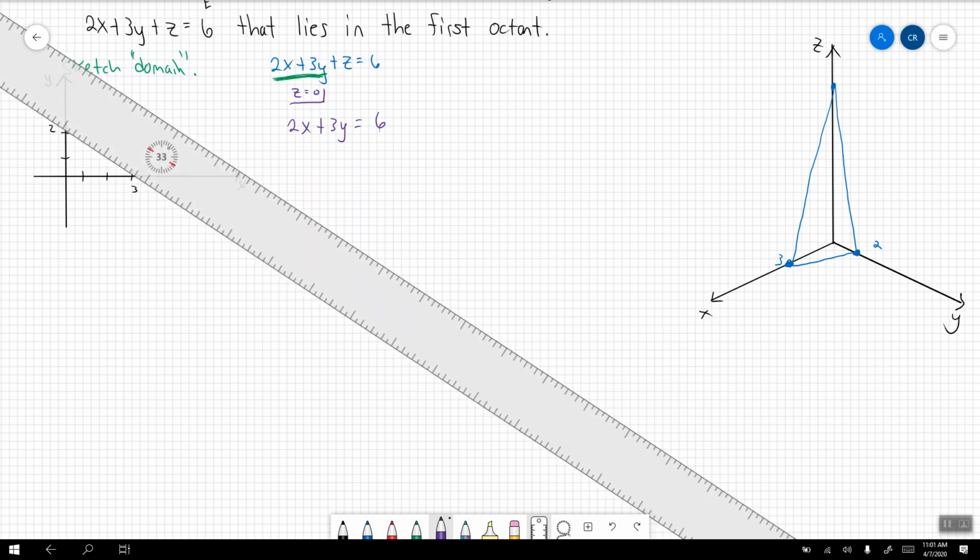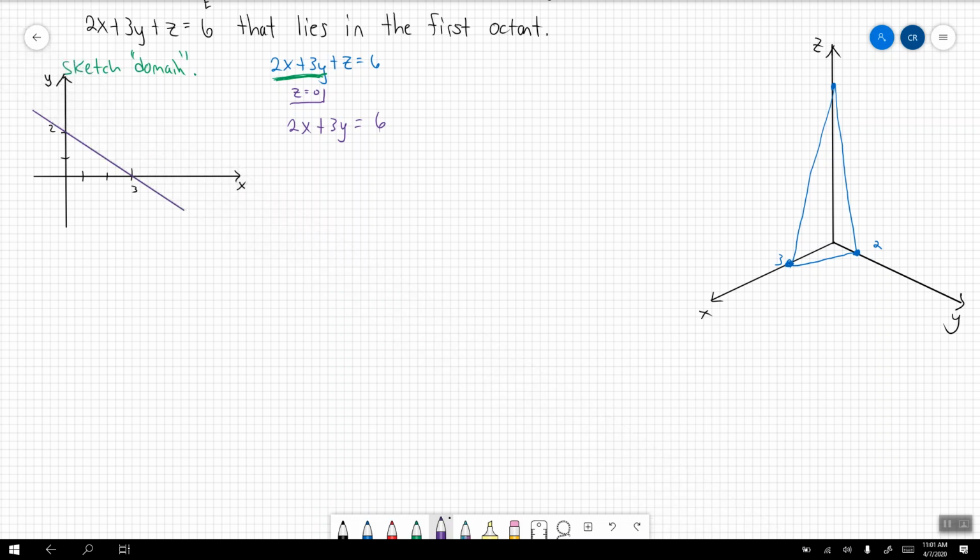There's the equation of my line, and this line has equation 2x plus 3y is equal to 6. So this domain that I said we wanted to sketch is this right here. That's the domain that we want to sketch.